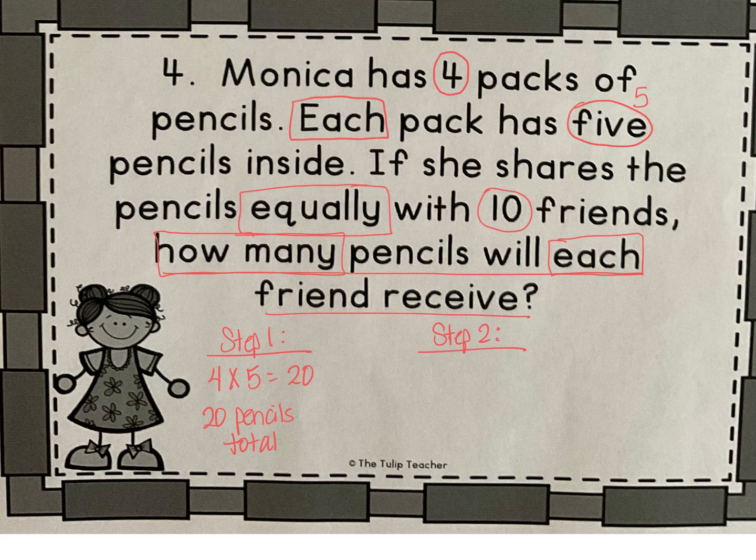Now, if she's sharing these pencils equally with 10 friends, so that means she's dividing 20 pencils between 10 of her friends. So we are going to take those 20 pencils and divide it by 10. Well, you should know that 20 divided by 10 is 2.